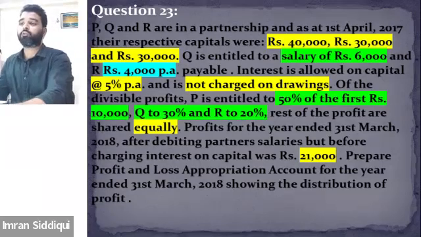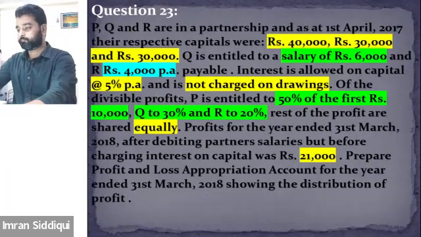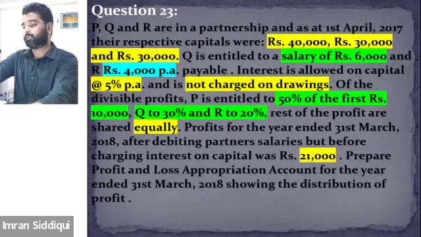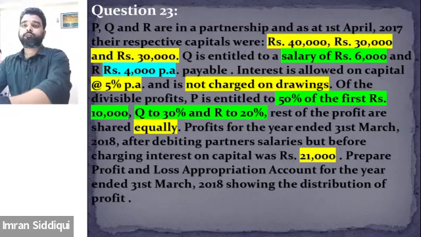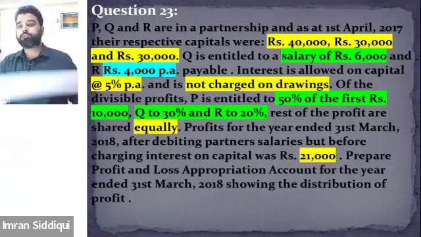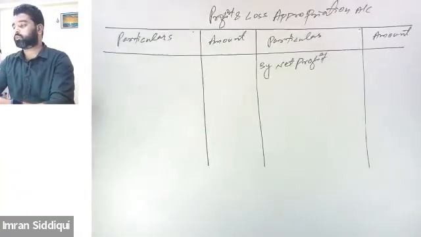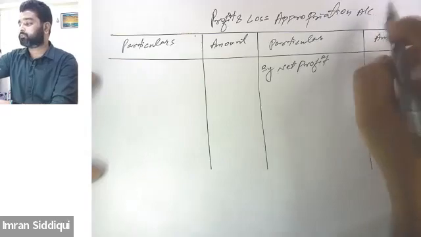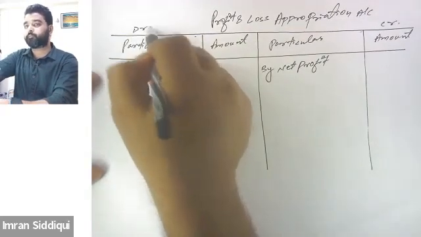We need to first calculate the net profit in this question. Calculation of net profit. When you prepare the P&L appropriation account, the first thing that we need to write on the credit side is the net profit, right? This is the credit side, this is the debit side.